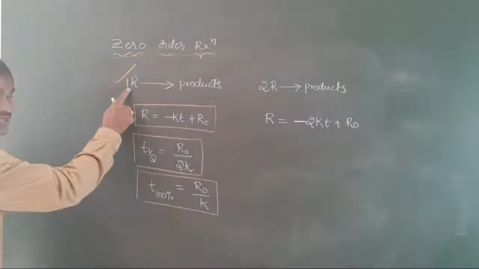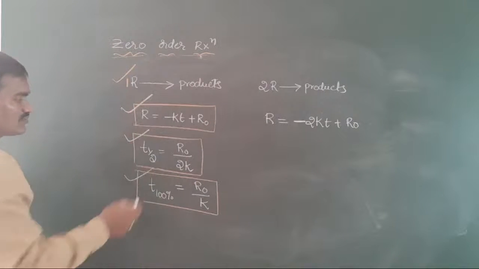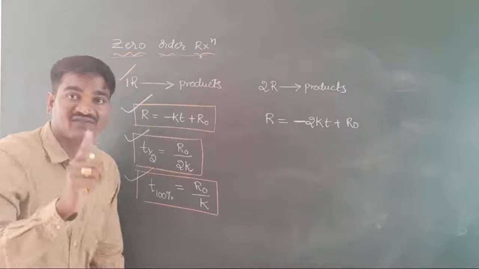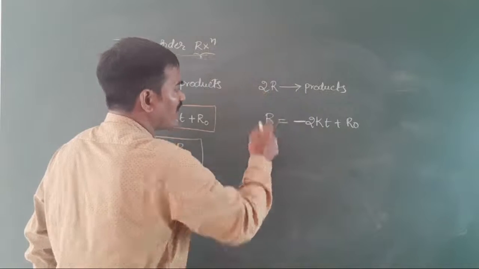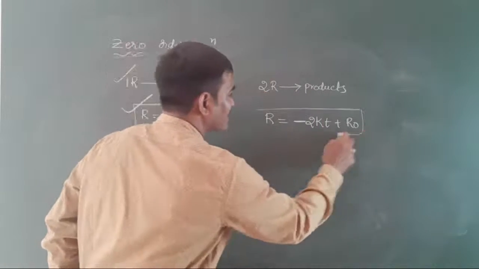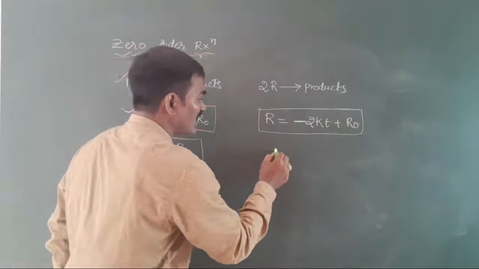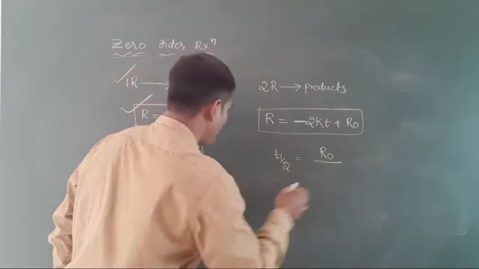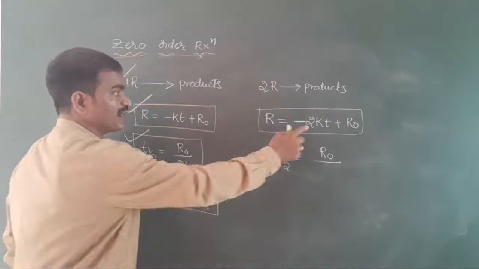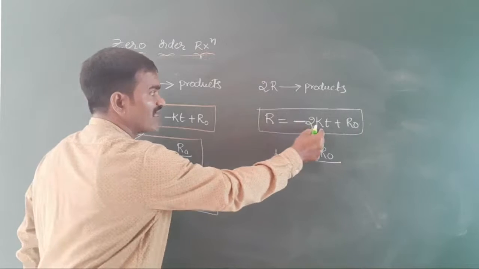If you get reaction coefficient 1, this is okay, we don't have any problem. But whenever you get 2R here, this equation will be changed like this. Have you got it? Same story here also. t half is equal to R naught by 2 into 2k, because we have to take 2k here.